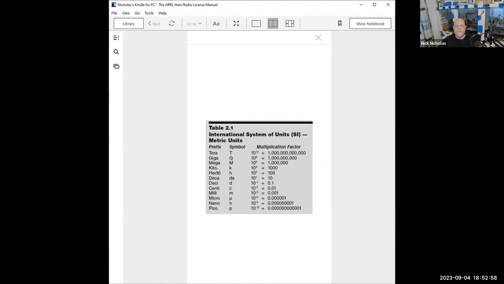On the flip side, the tiny stuff, we're going to deal with values of inductors and capacitors. When we get to it, they're going to be in tiny numbers like milli, micro, nano, and pico.